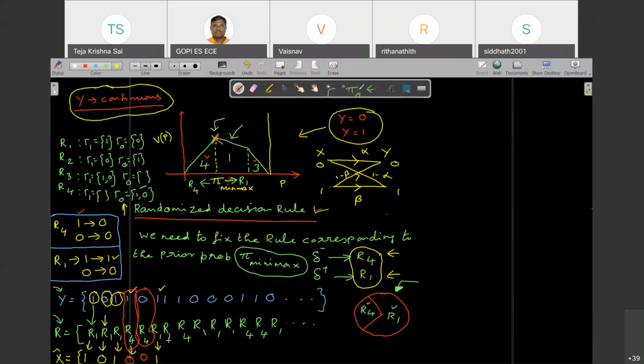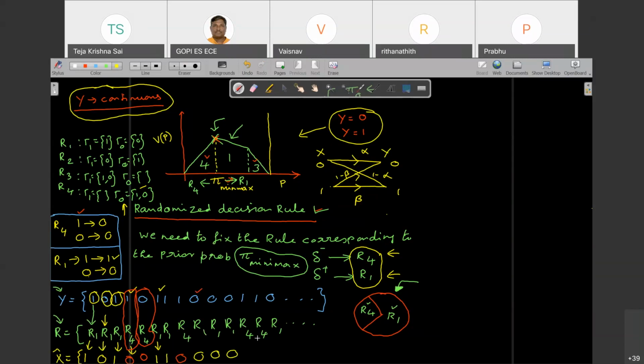Complete the sequence fully. This is 1 here, and this one is going to be 0, isn't it? So this is going to be 0 now. And whenever rule 1 is considered, whatever is there here, the same thing will come into picture in this, right? So this is 0 here, this is again 0 here, this is 0 here.